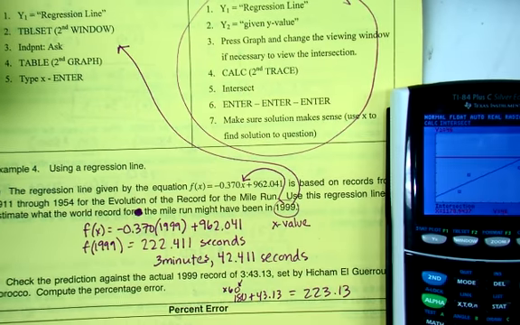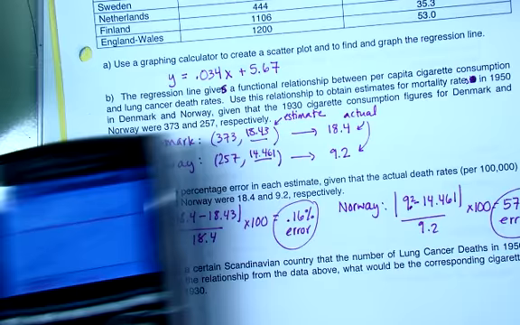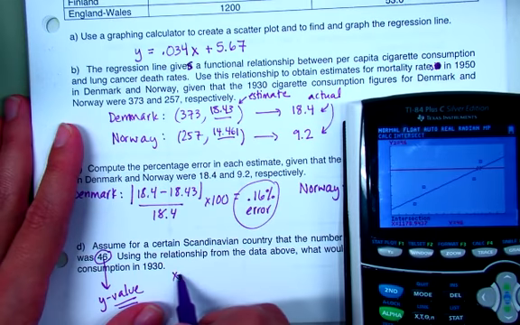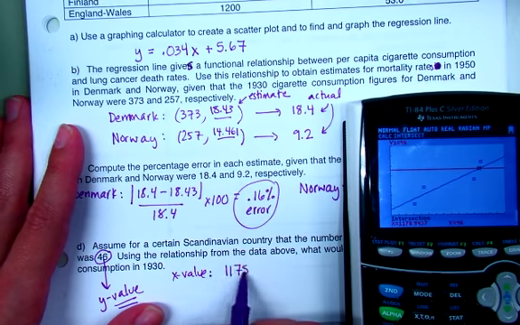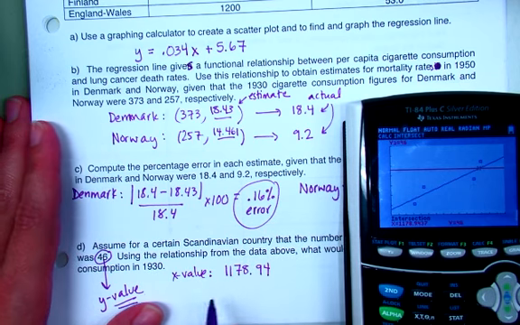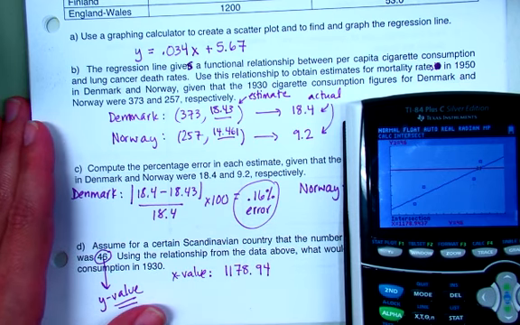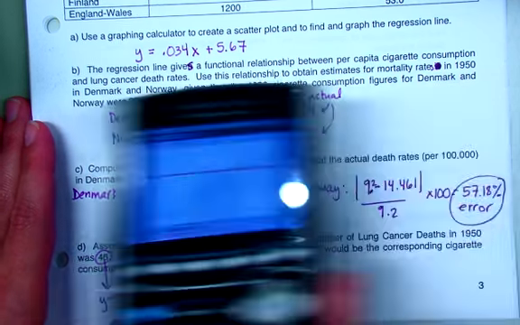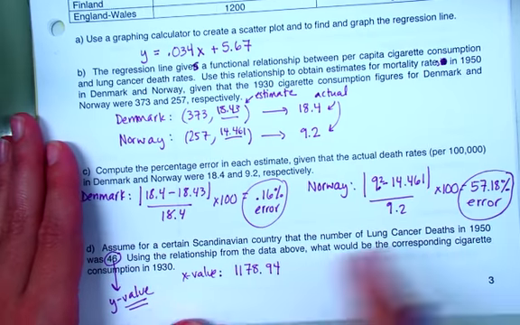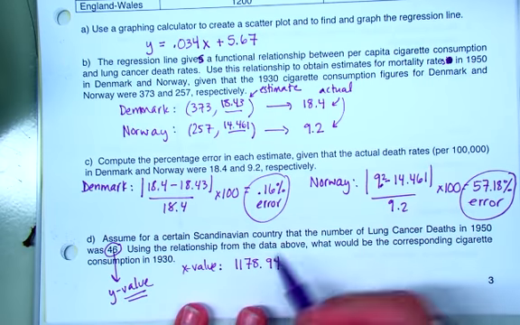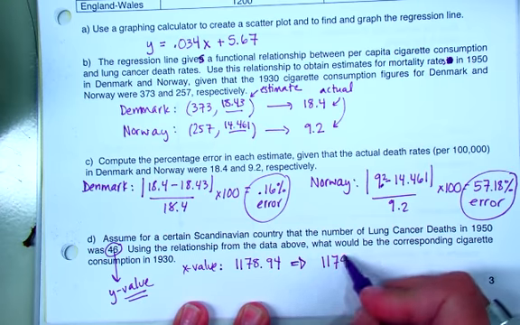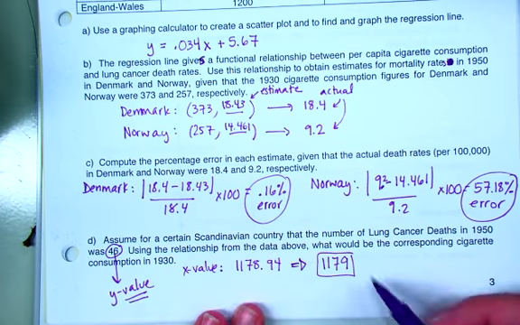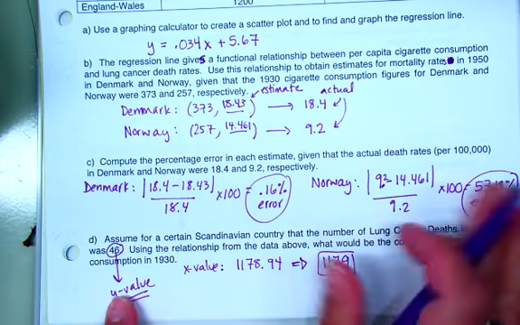And so the x value was 1178.94. Now, does that make sense that it's about 1178? This is cigarette consumption per person. So we could round that up, 1179. Now, would that make sense if the y value was about 46? Well, let's look up at our table of values.